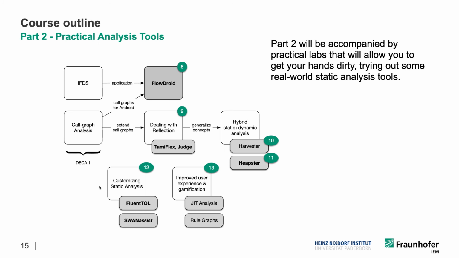So you need to tell the analysis, for instance, what is the source of a taint analysis? Or what is a sink? What is a sanitizer? What is a certain authentication method? And there are several approaches that help you deal with this. One is a language-based approach called FluentTQL. One is a machine learning-based approach, an active learning-based approach, that's called SWAN Assist. We want to cover both of these in our course.